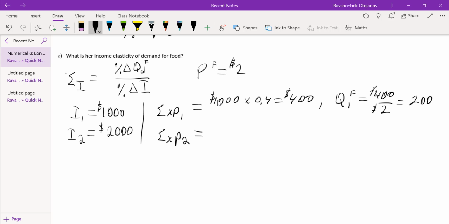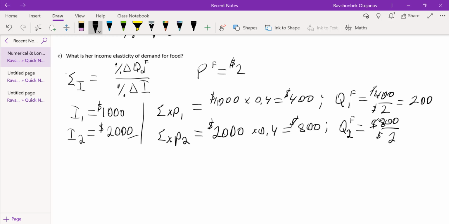Expenditure 2, after the increase in income, so her income doubled to $2,000, and she's spending 40% as it says in the question, so that's going to give us $800 of expenditure. The quantity demanded 2, after the increase in income, is now different, obviously, holding the price of food constant. So 800 over 2, the food price didn't change, gives us 400, so that's a doubling, isn't it?